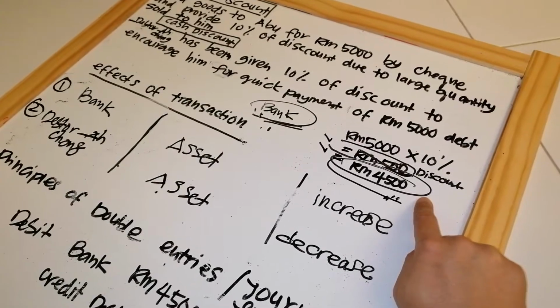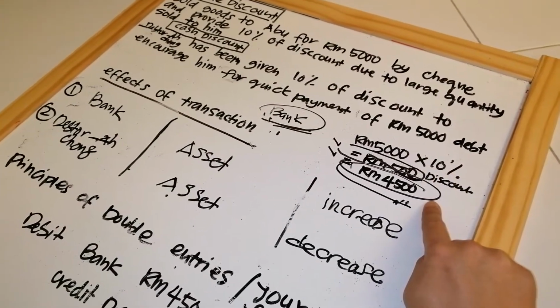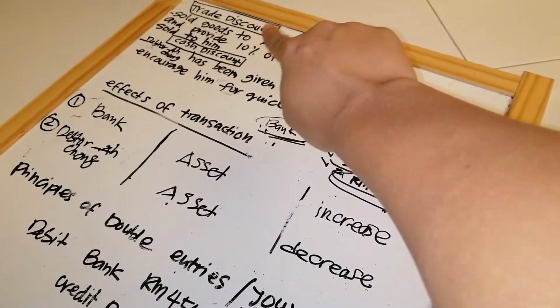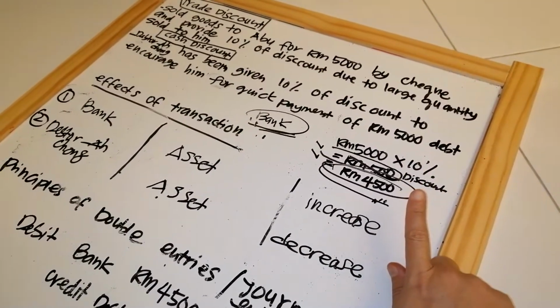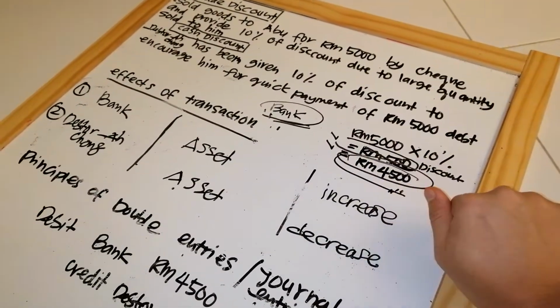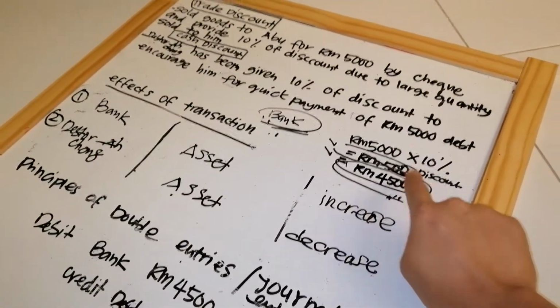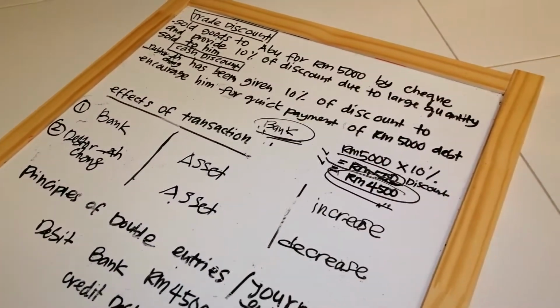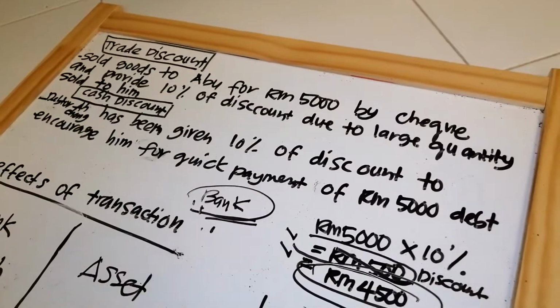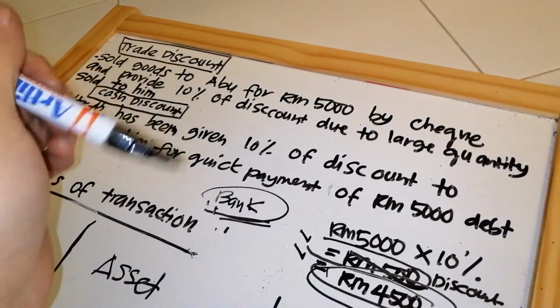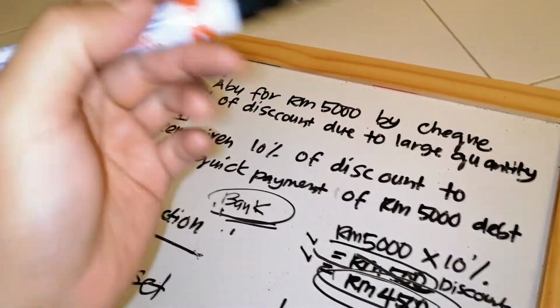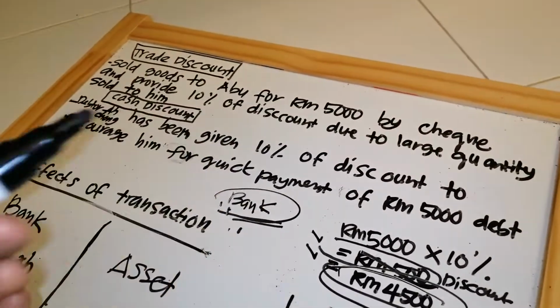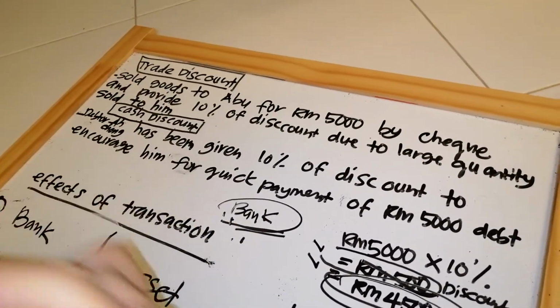Okay, 4,500. For the trade discount, we just record once. The amount of discount, no need to record. Only the final amount that the customer must pay. Okay? So why? Because with trade discount, you are just starting to sell, so we haven't recorded it in our accounting, our T account.